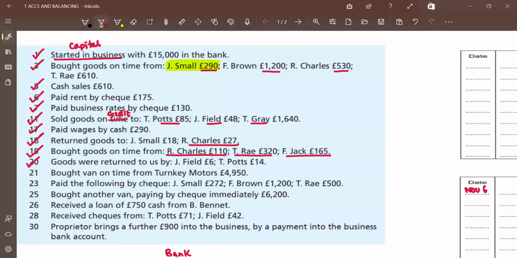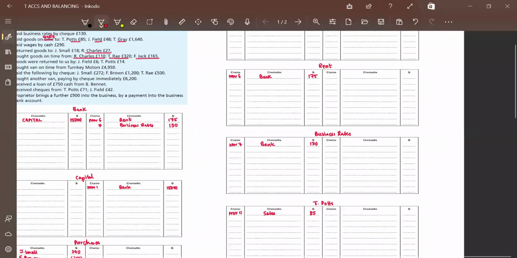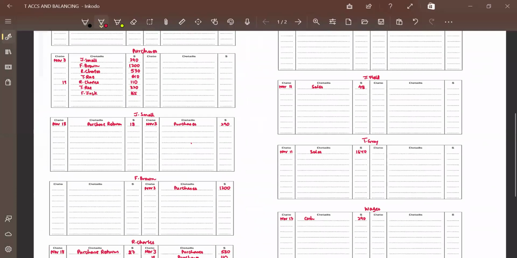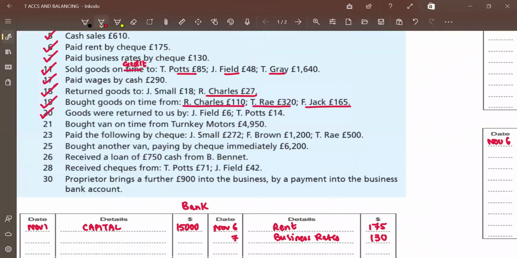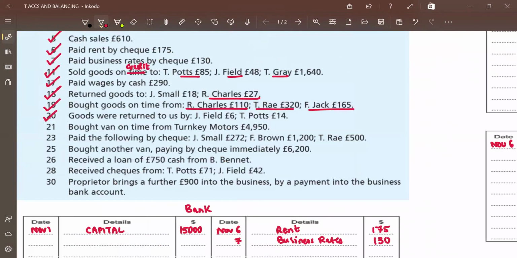Now, when you sell goods and they come back, we call them sales returns. These were goods sold previously and now returned back to us. So you'll have to prepare a T account for sales returns, and you'll have to check who you received these goods from. We received them from J Field and Teapots.